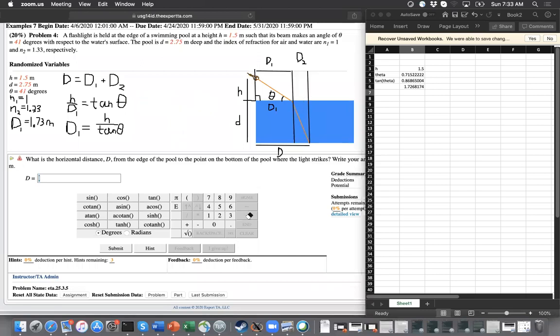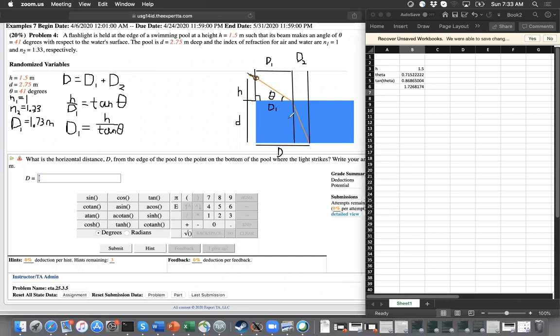Now we have to figure out what D2 is. Well, we know what D is, so we have another one of these right triangles.